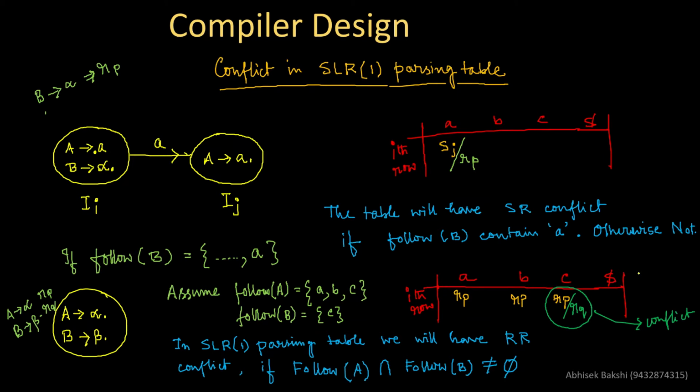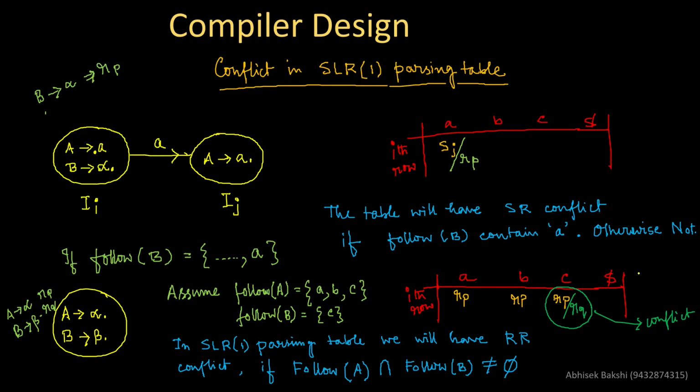So you don't need to draw the entire table. Just draw the rows which reflect those states having multiple entries, at least one of them being a reduce move, that means a final item. In this way, you can minimize your time to give your answer quickly in competitive exams.